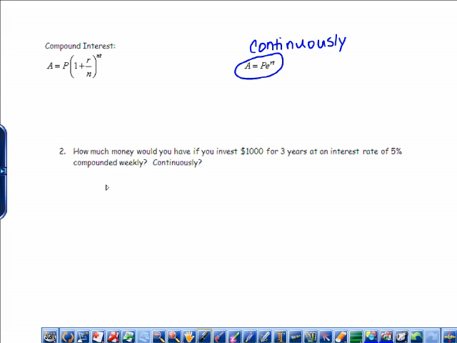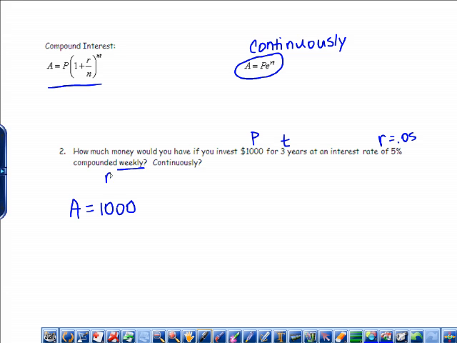So number 2 says, how much money would you have if you invest $1,000 for 3 years at an interest rate of 5% compounded weekly and continuously? For the weekly part, we're going to use the first formula. I want to know the current or final amount of money if we invest $1,000, so that $1,000 is our P, for 3 years, which is our T, and our interest rate is written as a decimal.